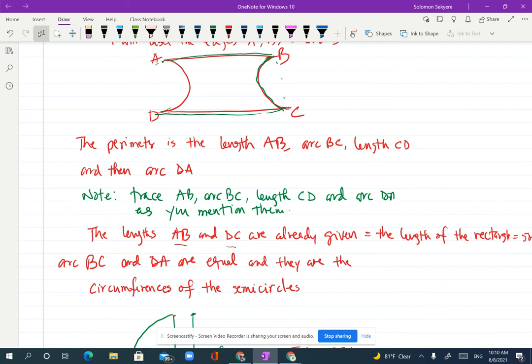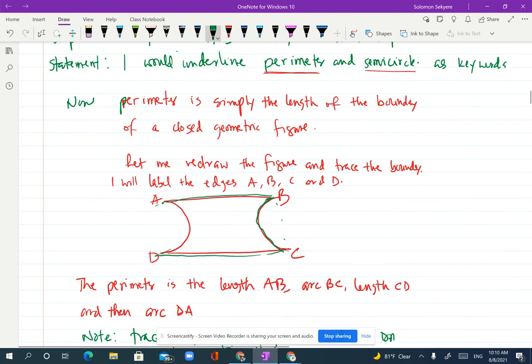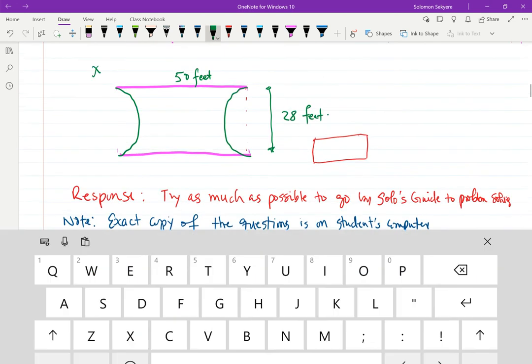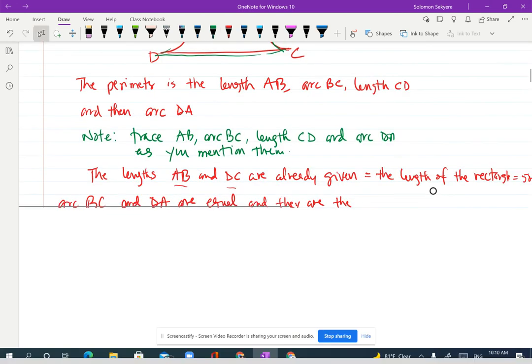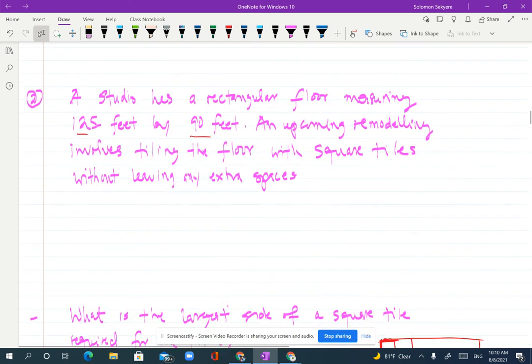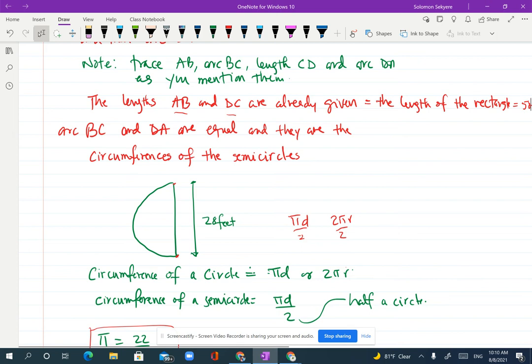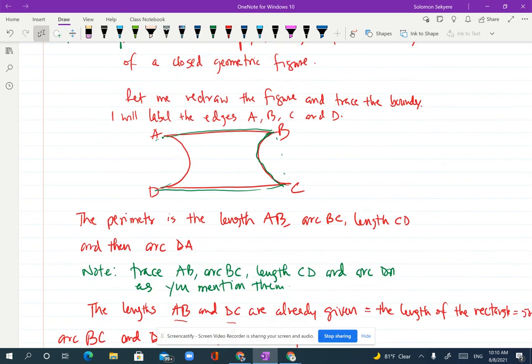Okay. Now the length of AB and DC is already given. So 50 feet is the length of the rectangle. It's already given up here, so that we already know. Now this section here used to be the width of the rectangle, but we cut a semicircle right here.